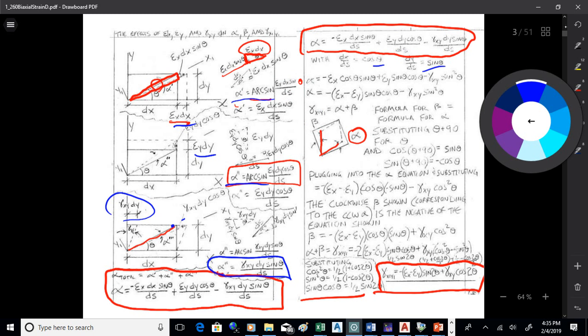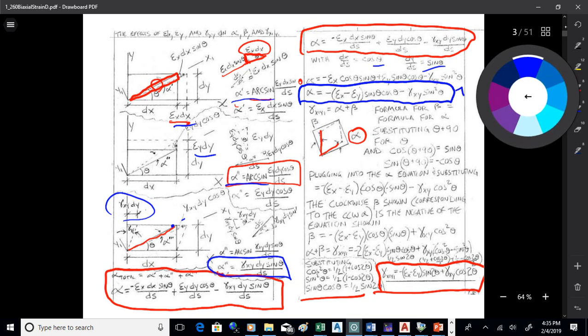And we come up with this formula right here for alpha. That's the rotation of a line, as it is affected by epsilon x, epsilon y, and gamma xy. That's the equation for the angle we call alpha. That's equation 77 on your formula sheet. So that will tell us how a line rotates.